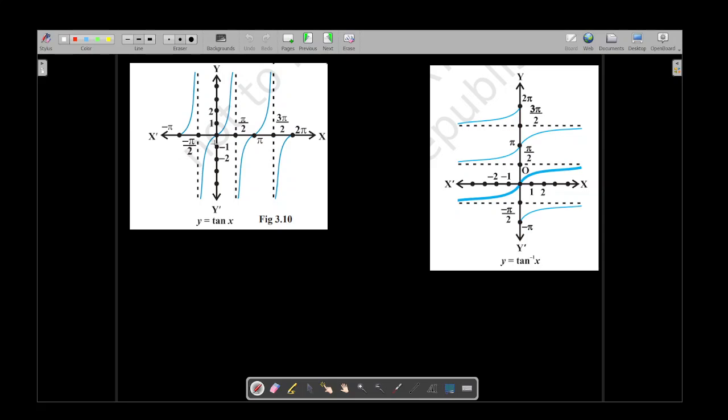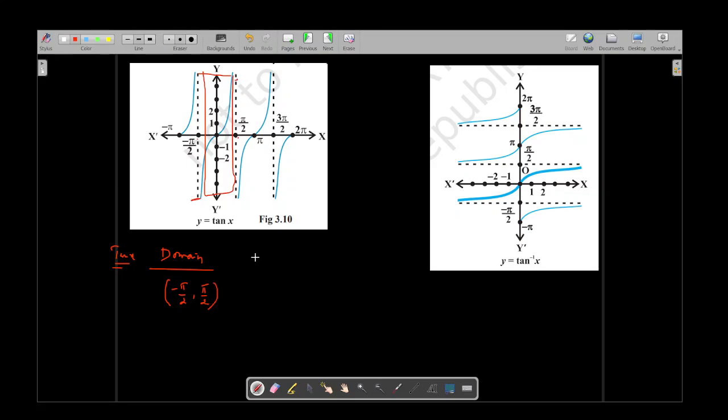Next interesting function is trigonometric tan x. We can easily make out here that in this part it is actually invertible. The domain for tan x is minus pi by 2 to pi by 2, and you cannot include minus pi by 2 and plus pi by 2 because it's not defined there.